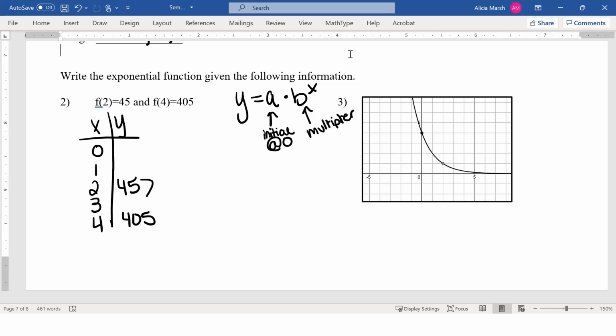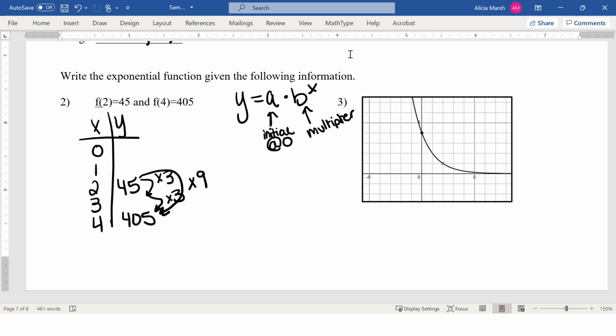Well, it looks like I'm going up by the same number twice, but all together from 45 to 405, if I divide those, I get a value that I multiplied by 9. So ultimately what I'm thinking in my head is some number times itself twice gave me 9, which is 3, right?